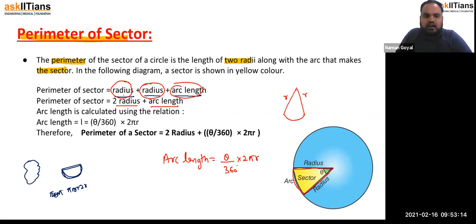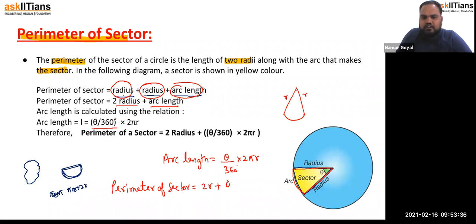So the arc length is theta upon 360 degrees into 2 pi r. So the perimeter of the sector is what? We have to add this arc length to 2r.